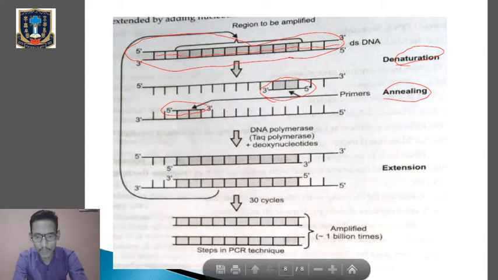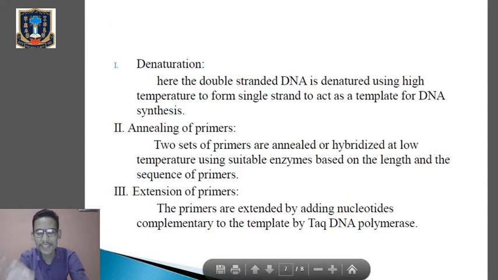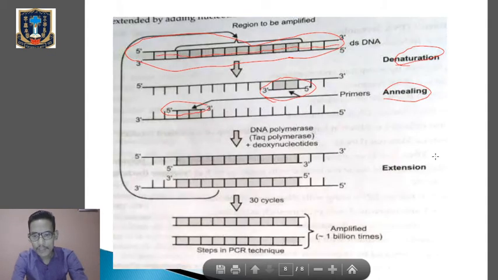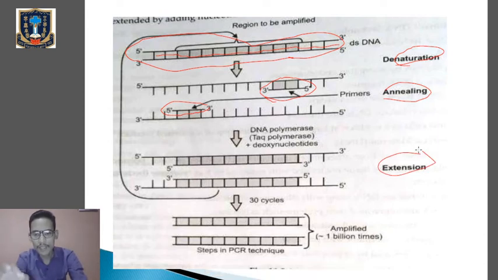Clear? Okay, now the final step is extension. The primers are extended by adding nucleotides complementary to the template by the Taq DNA polymerase. What I mean is that the primers have been annealed to the template DNA.